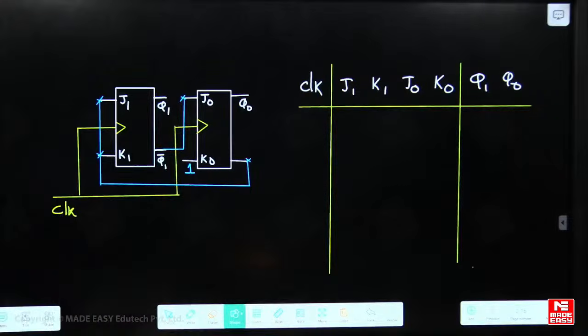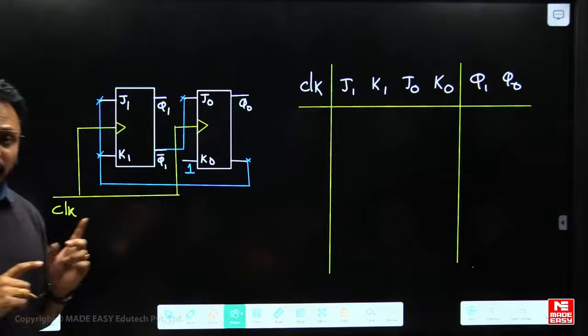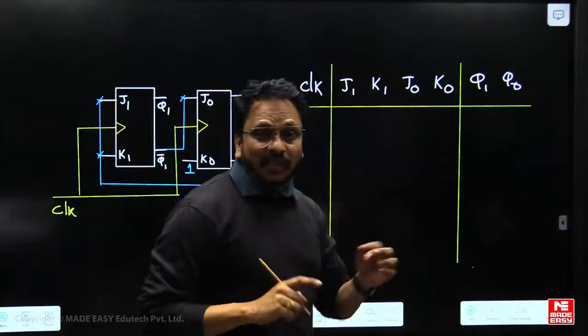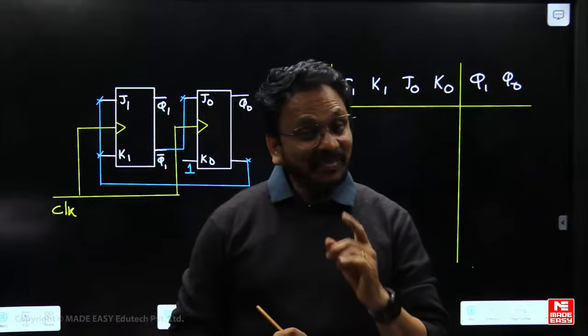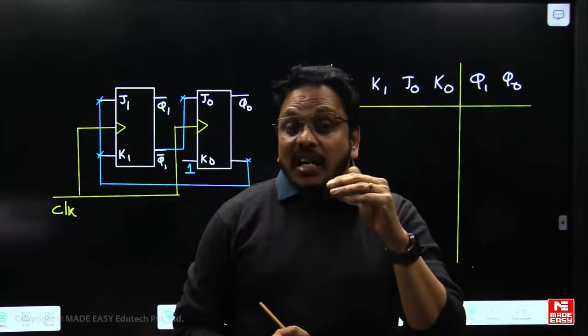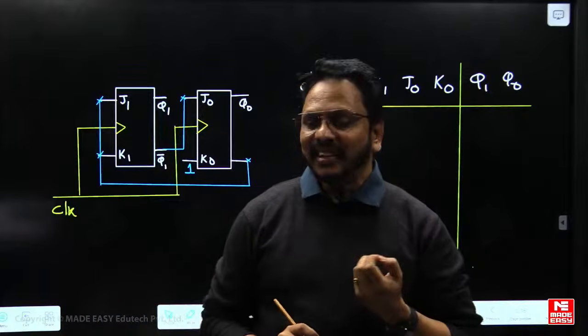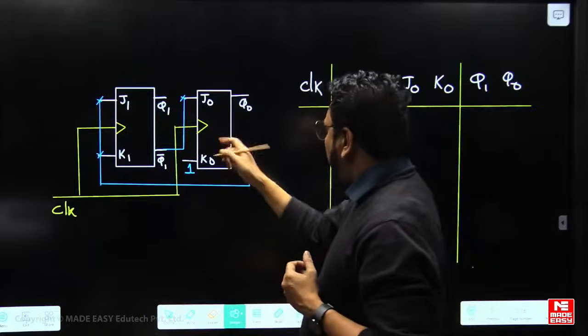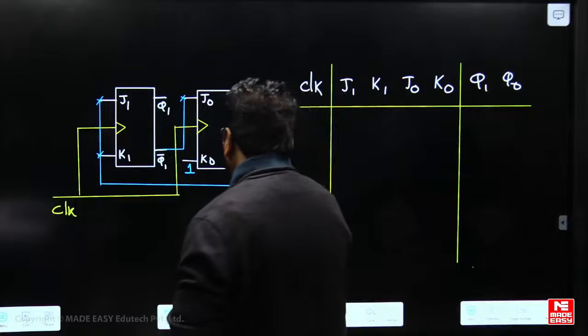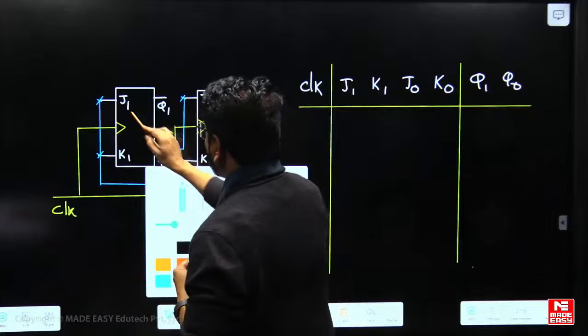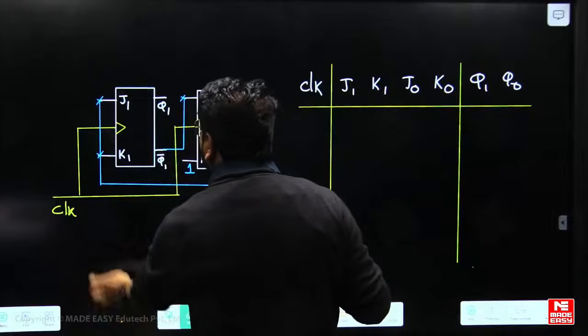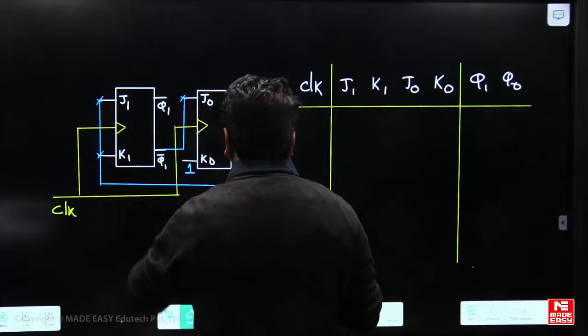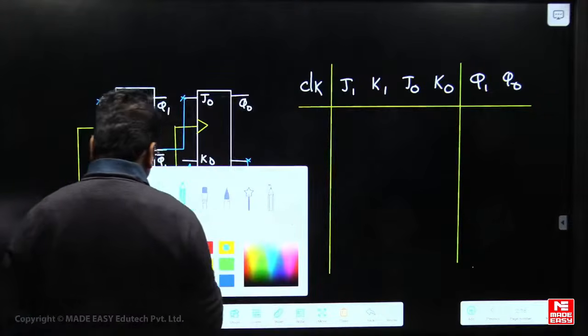Now the second step: write the corresponding connections on their head. The corresponding connections mean arranging from where each input is taken. J1 is taken from Q0 bar.